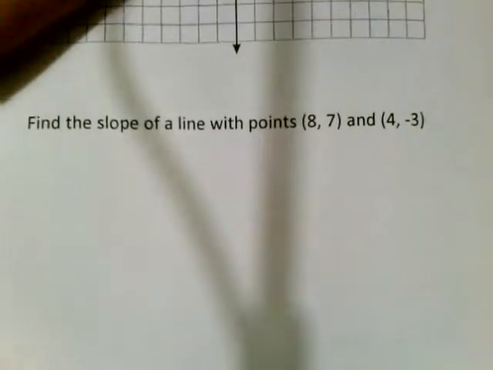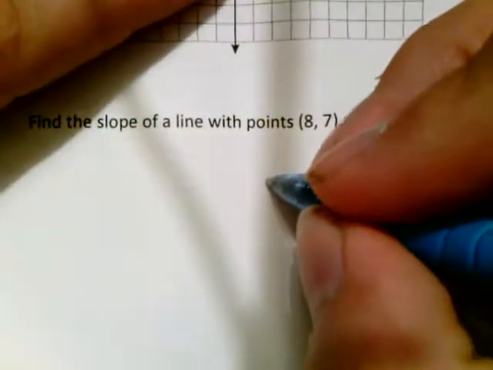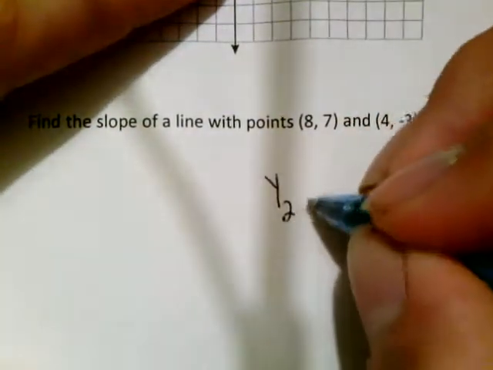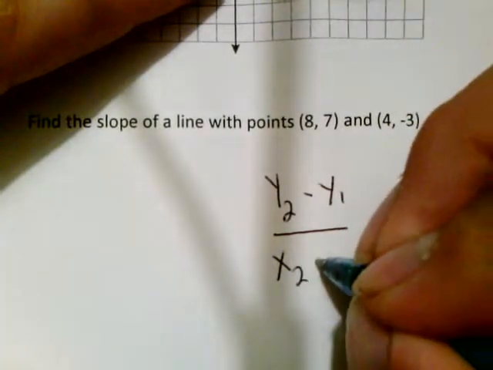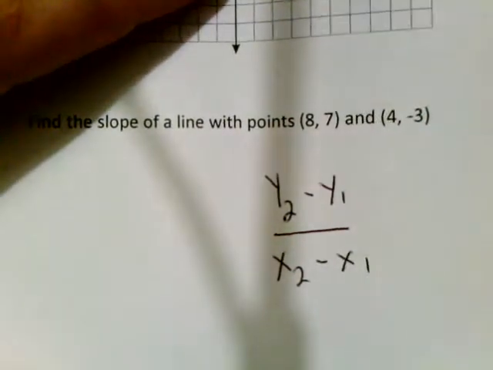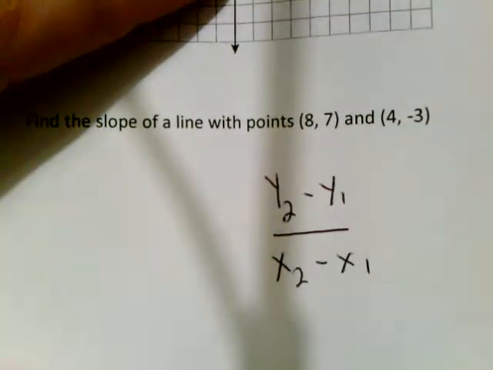Now given 2 points, you have to use the formula: y2 minus y1 over x2 minus x1.